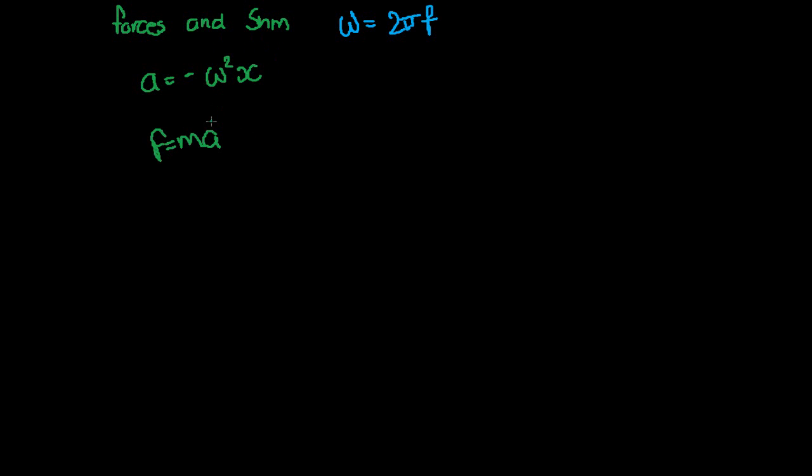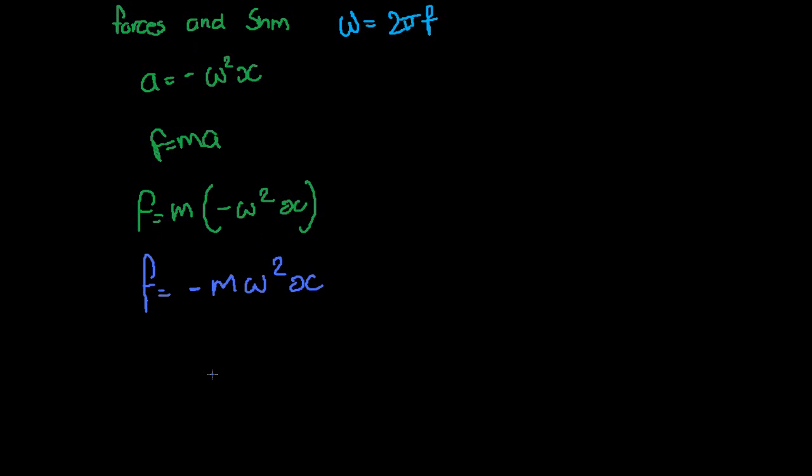So we can equate these together to get F is equal to mass times minus omega squared x, because this is the acceleration, which gives the equation F is equal to minus m omega squared x, where m is the mass of the object and F is the resultant force.